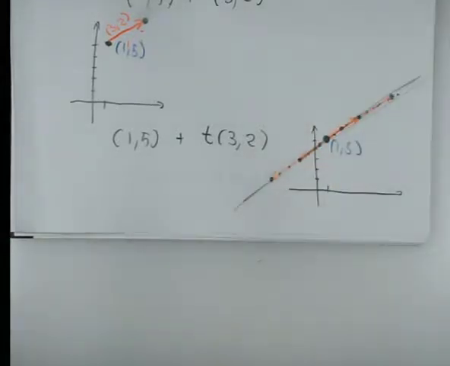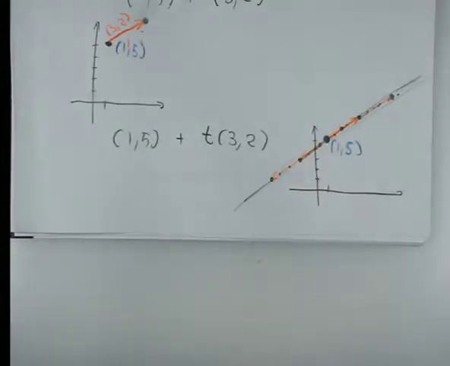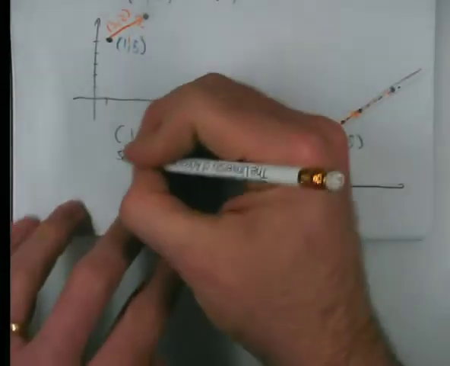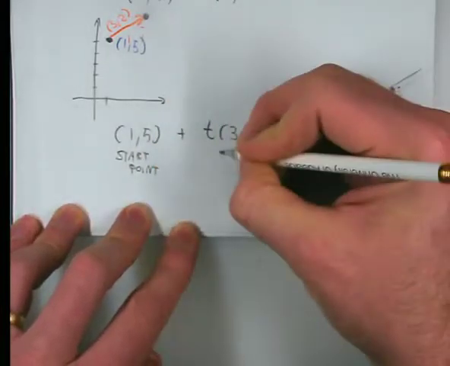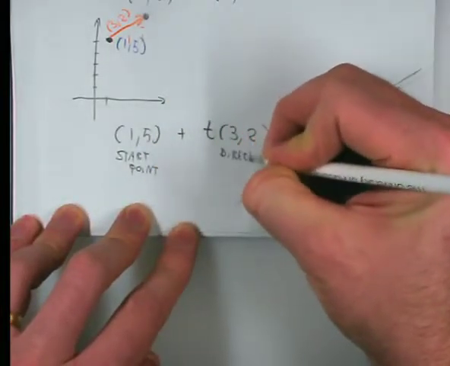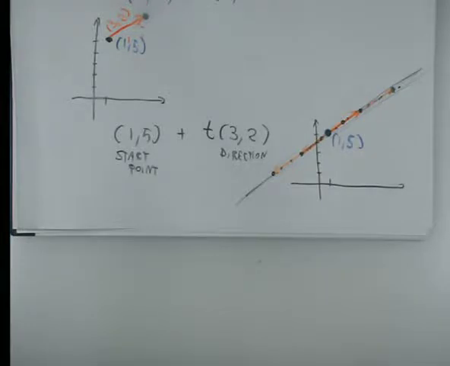So if you do point plus t of coordinates, what you're doing here, this is a starting point, and this is a direction. So just so that you can get a handle on this switching between directions and points.